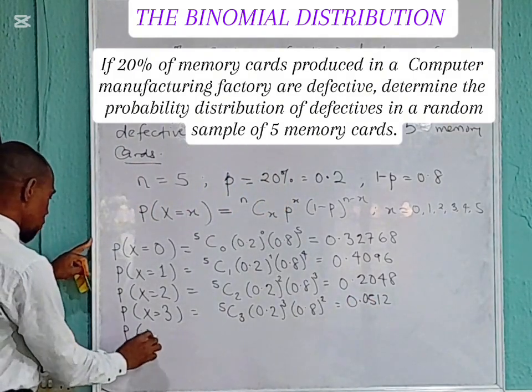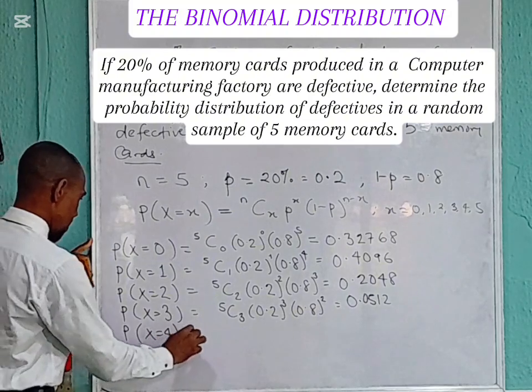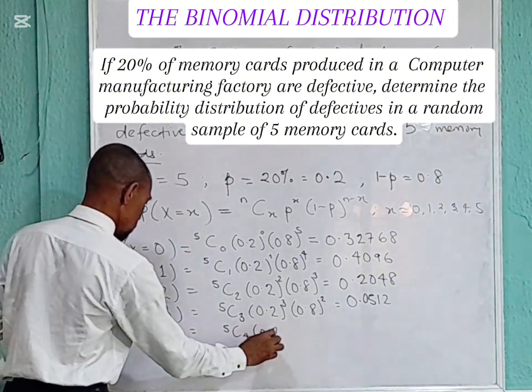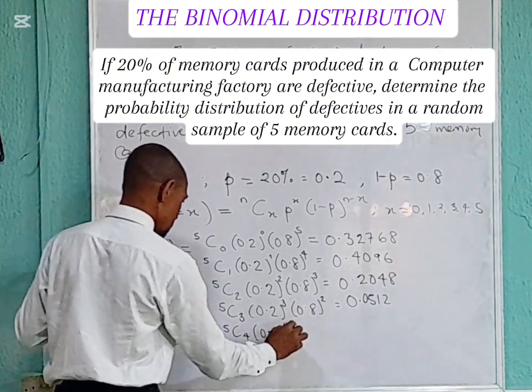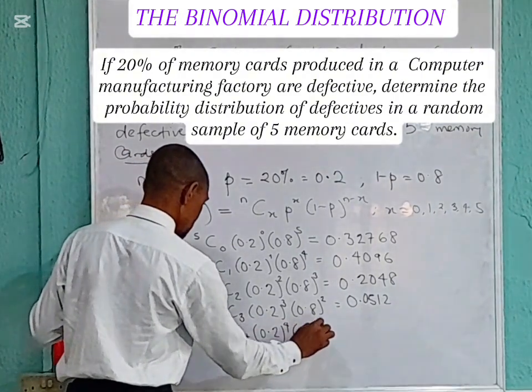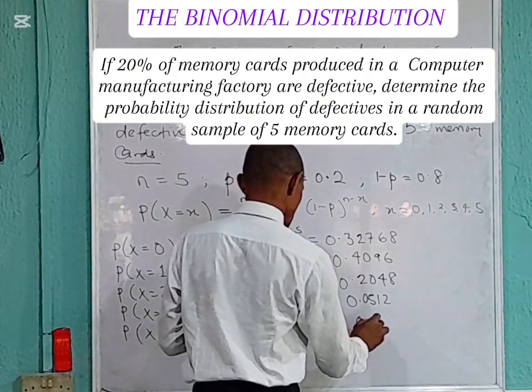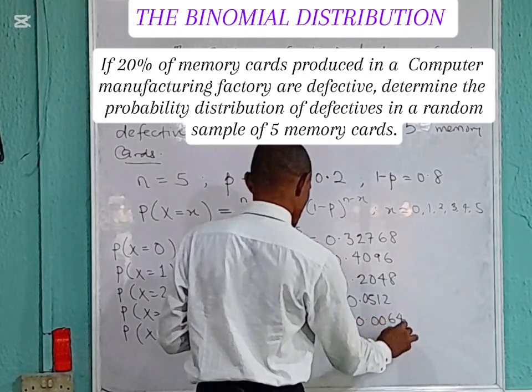And when x equals 4, we're going to have 5 combination 4, 0.2 raised power 4, 0.8 to the power of 1. When you compute that in your calculator, you're going to have 0.0064.